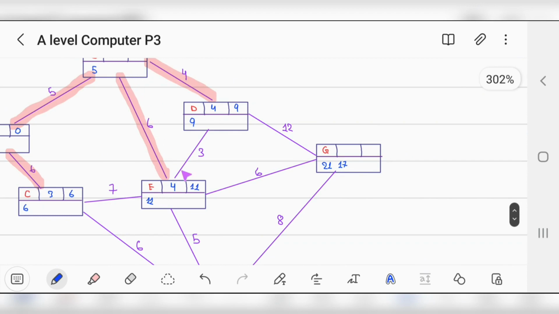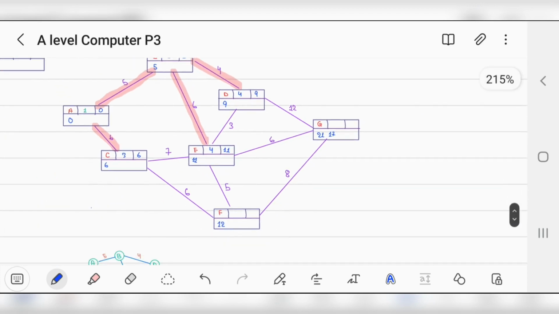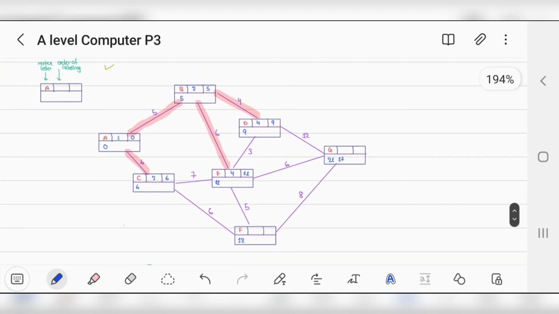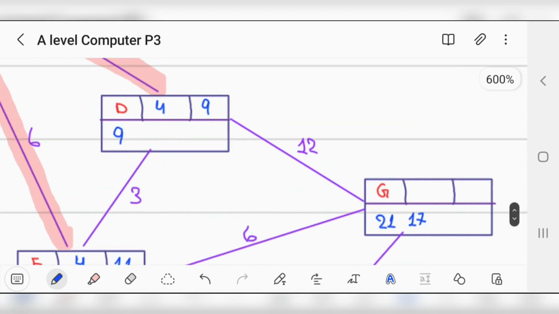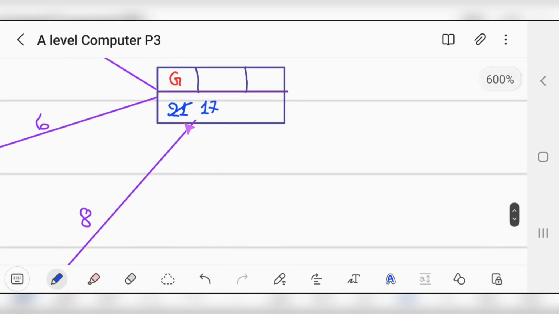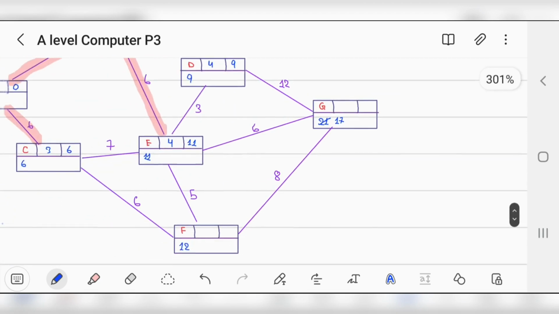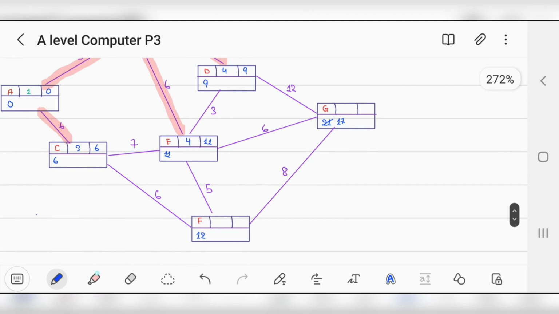If I go from here to here, 11 plus 5, it would be 17. Which one of these is the least? This one is cancelled because the value is updated. 17 or 12, I'll just say it is 12, so I'm going to highlight this.